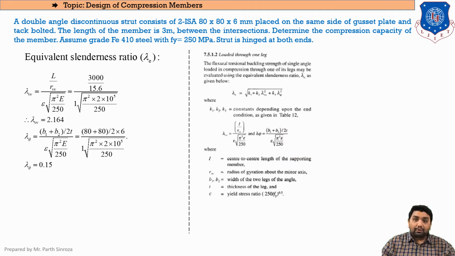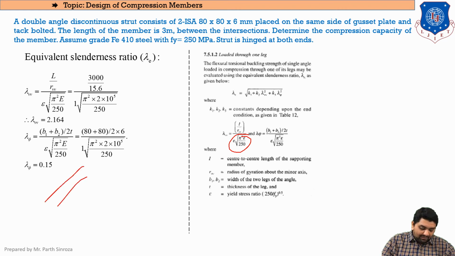Now we'll be moving forward to the lambda VV and lambda phi terms. As we have seen in the last session also, in the denominator portion, that is pi square epsilon, the epsilon will be equal to capital E. That is a printing mistake, it is not given in our IS code, so you need to remember it.